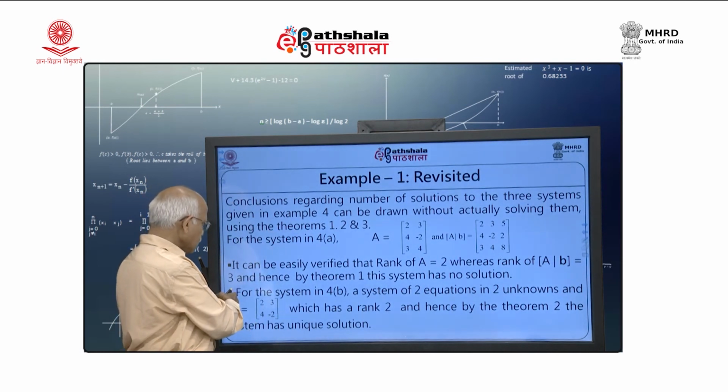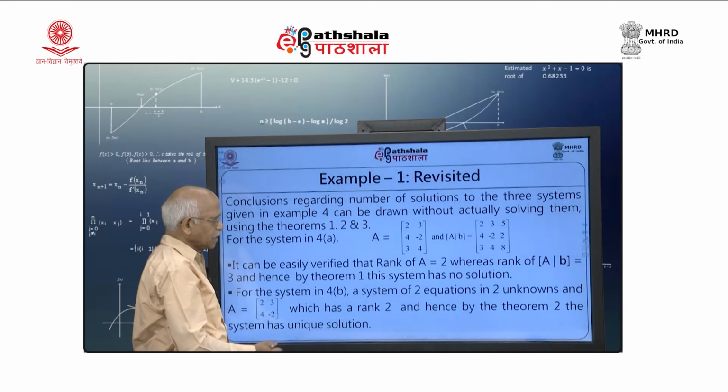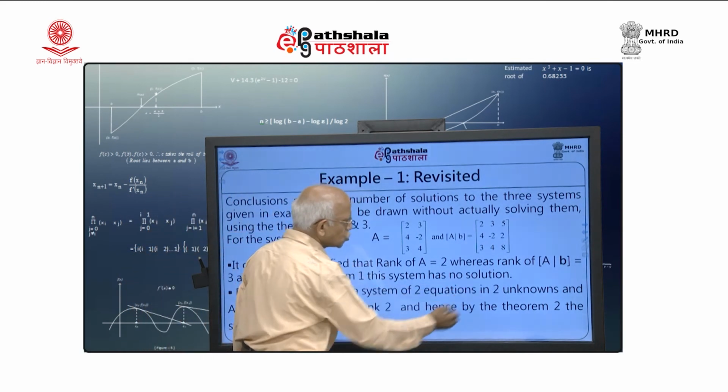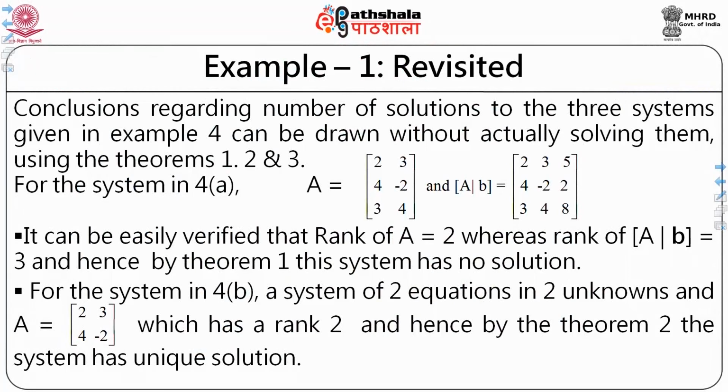In the second case, for the system in 4B, the system of two equations in two unknowns, your coefficient matrix is this, which has rank 2, because this is a non singular matrix, and hence by theorem 2 the system has a unique solution.